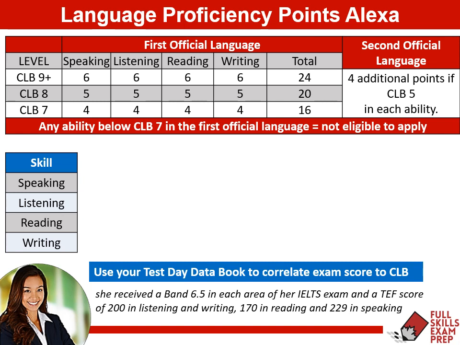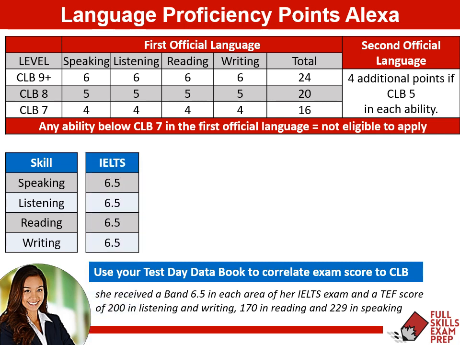And finally we have Alexa. Alexa is a little bit more difficult because we have to connect the dots for 2 language exams. We could see that in IELTS she received a score of band 6.5 in each element. If you're using your test day data booklet, you can correlate that pretty easily to the CLB score. In this one we have a mix.